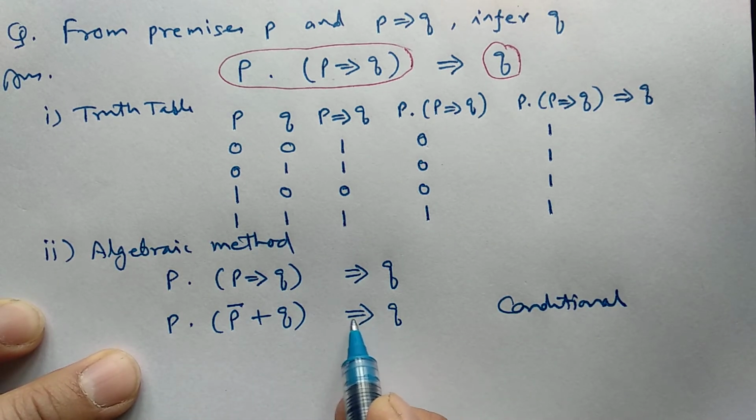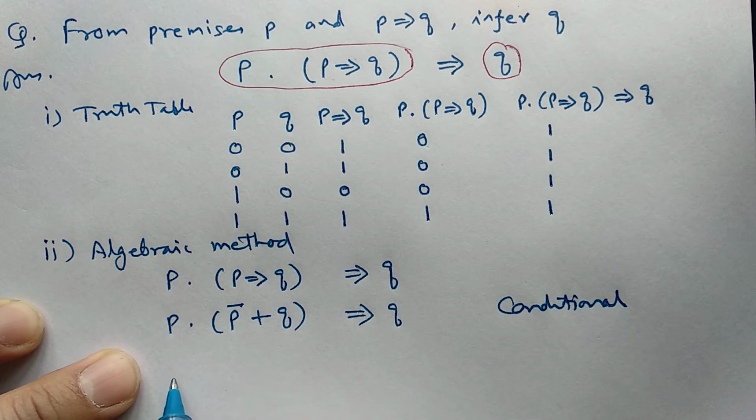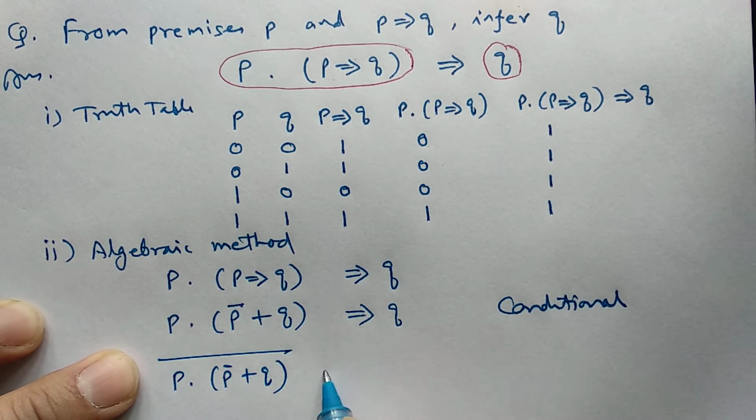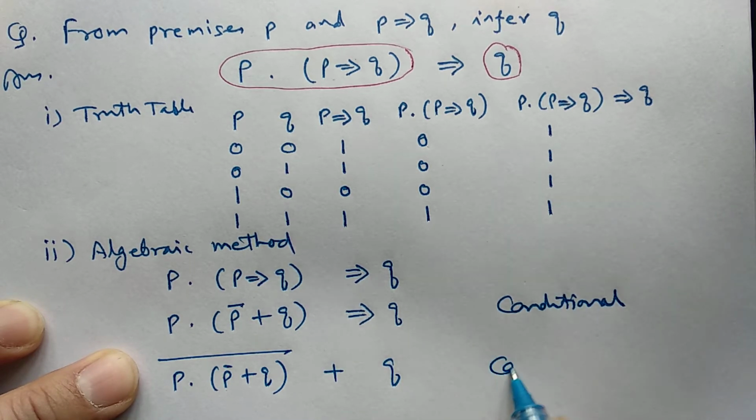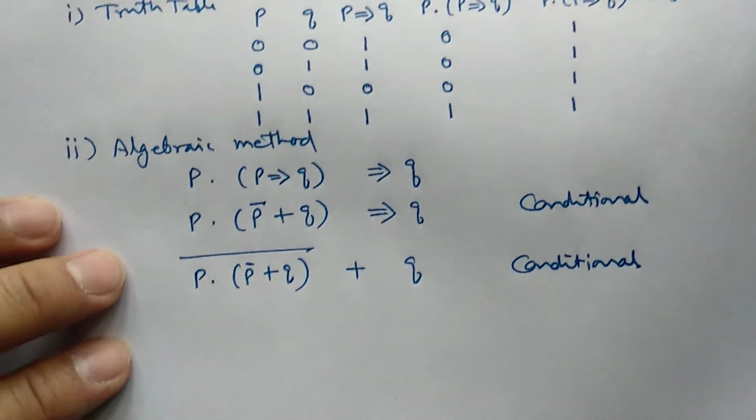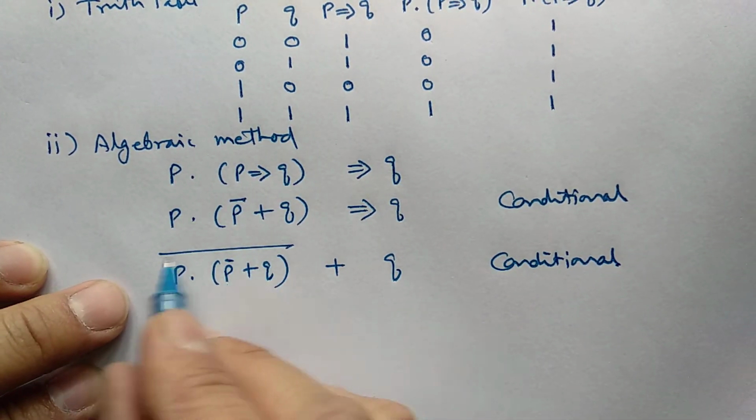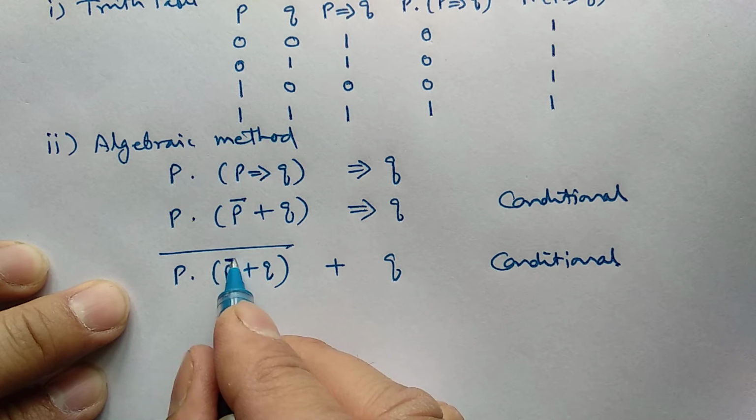The left hand side term is the whole term not, P and not P or Q, or Q. This is also the conditional rule. Now break the line, change the sign: De Morgan's law.